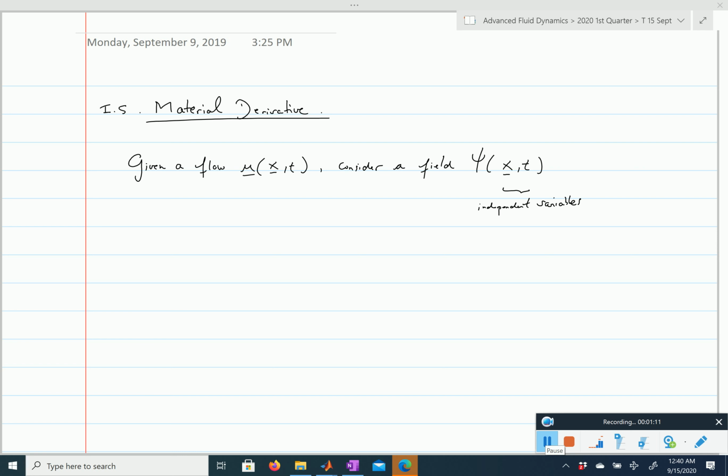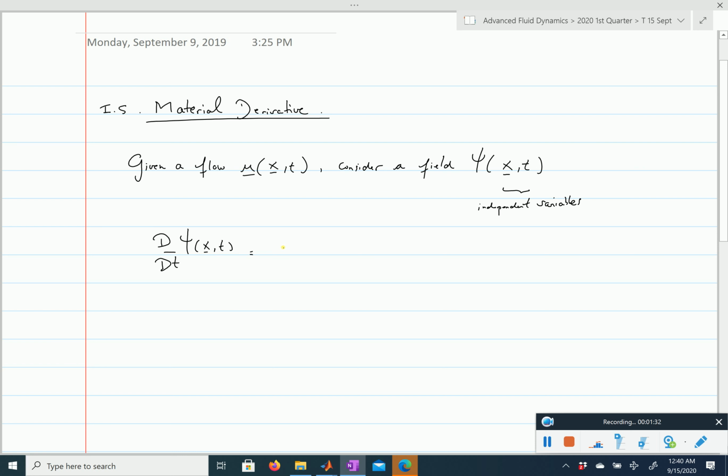Now when I say consider a field here, I'm writing this as a scalar field, but it could also be a vector field. Then we define the material derivative. We write it as capital D, capital Dt of psi at x and t.